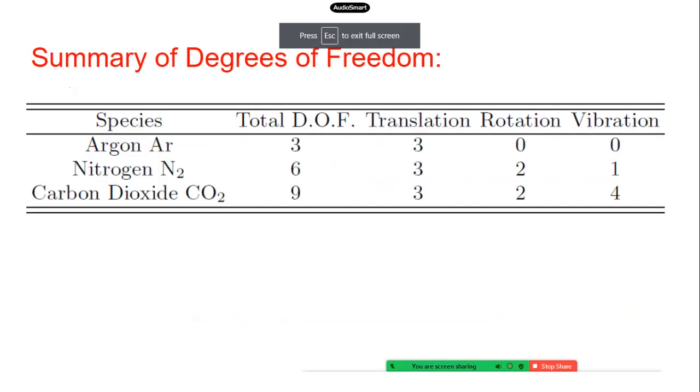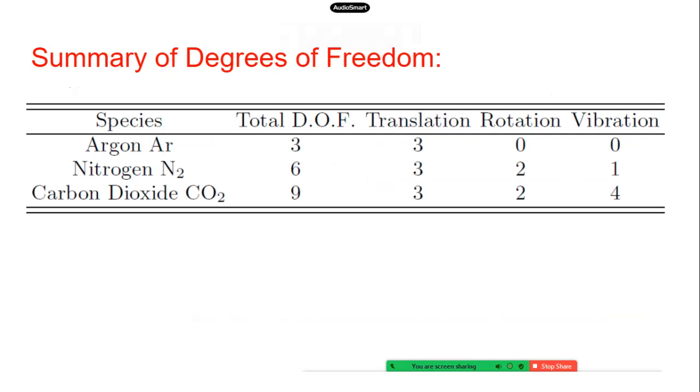Okay, just a review of what we just talked about. One species, two species, three species. Degrees of freedom, 3, 6, 9. Translational degrees of freedom, 3, 3, 3. Rotation, 0, and both nitrogen and carbon dioxide are linear, so they each have 2 rotational degrees of freedom.